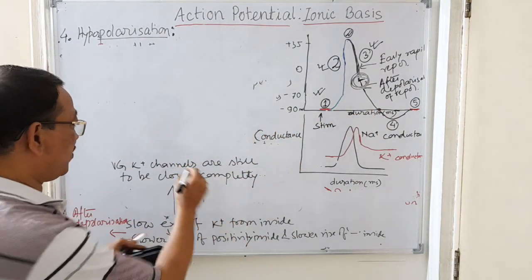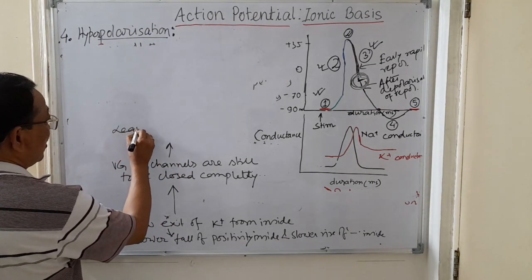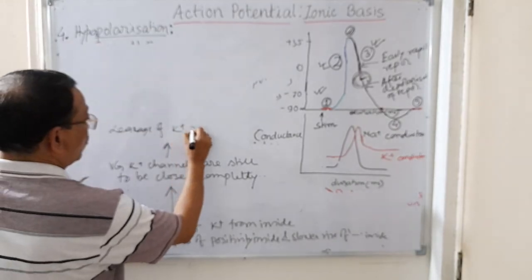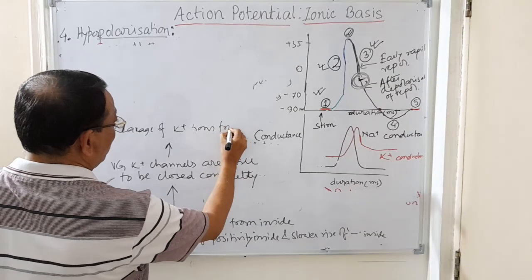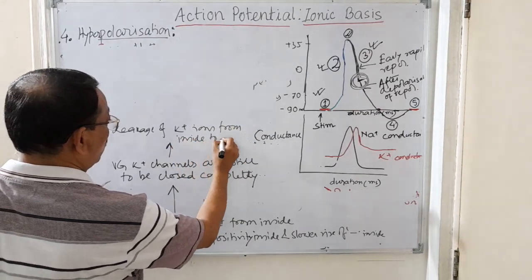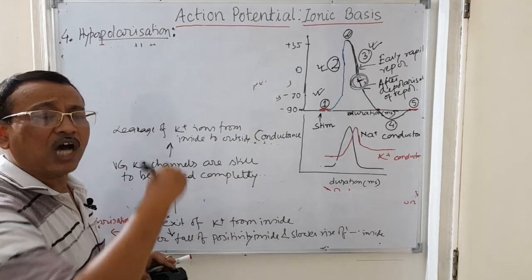As a result, what's happened? There is a leakage of potassium ions from inside to outside. That means more potassium ion goes out.